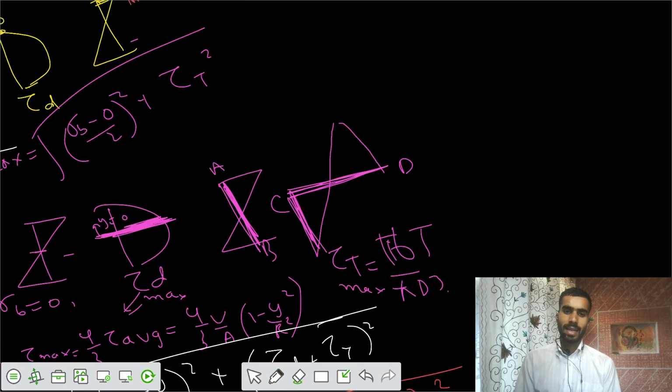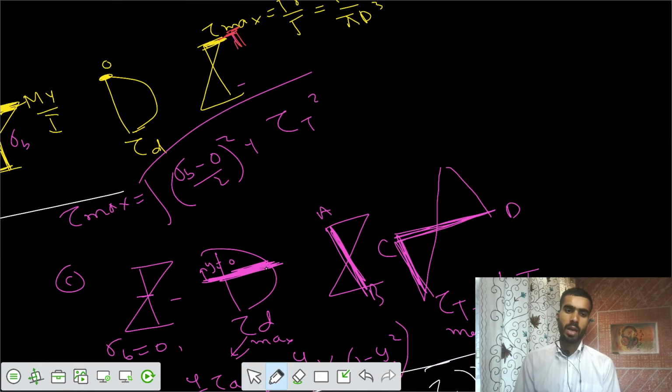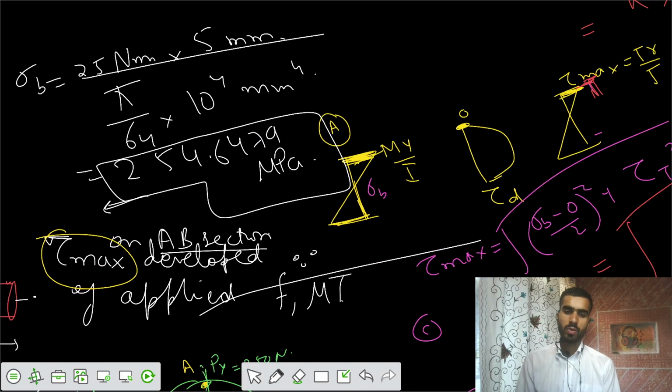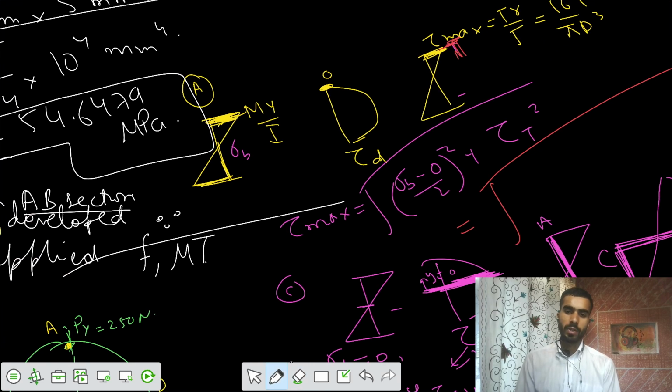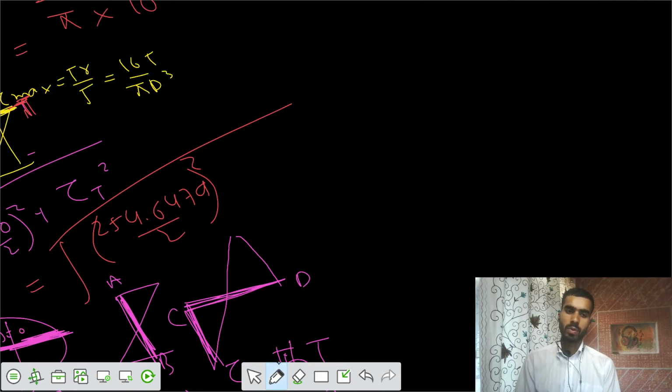And next, if you take point A, here we have a bending stress value. What was the value of bending stress? Bending stress comes out to be 254.6479, divided by 2, whole square, plus tau t 102, all under root.